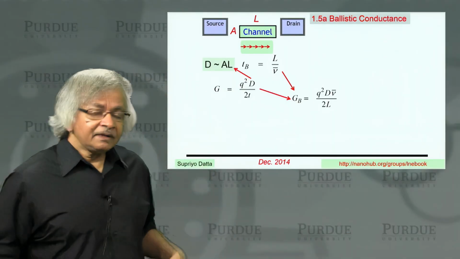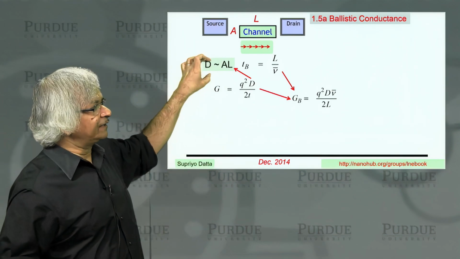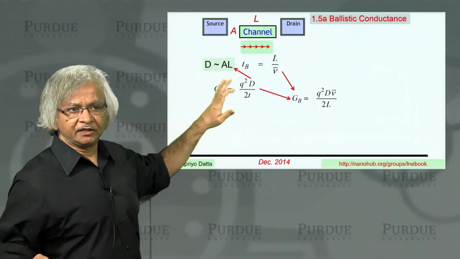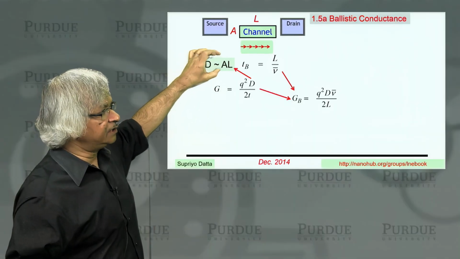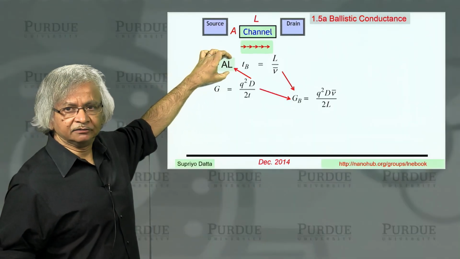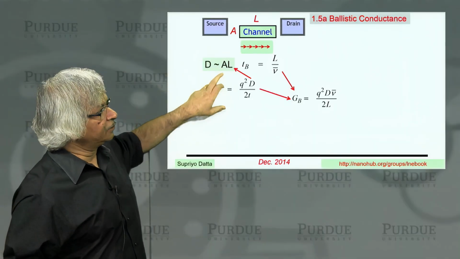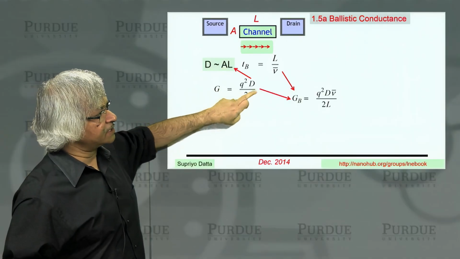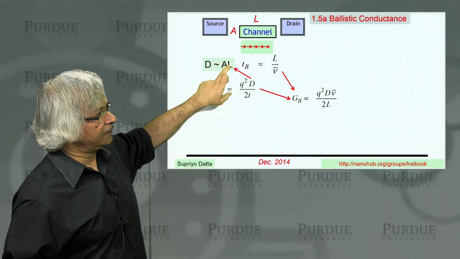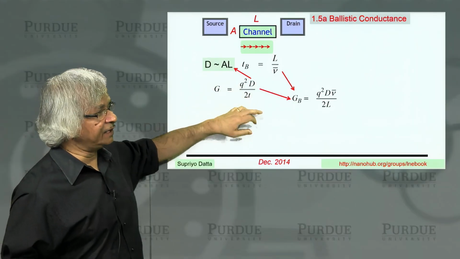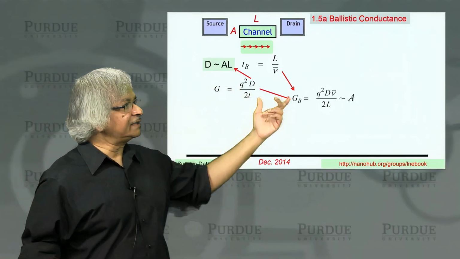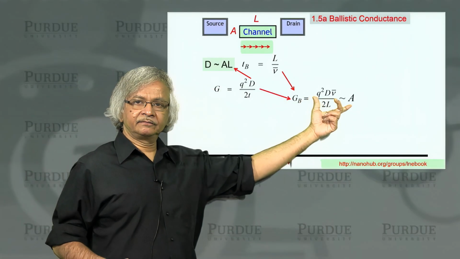Whereas here we have defined the density of states as just per unit energy, not per unit volume. And so our D is proportional to the volume. So this density of states is proportional to A times L, whereas the time itself depends on L. And so when you divide it, what you get depends just on the area.